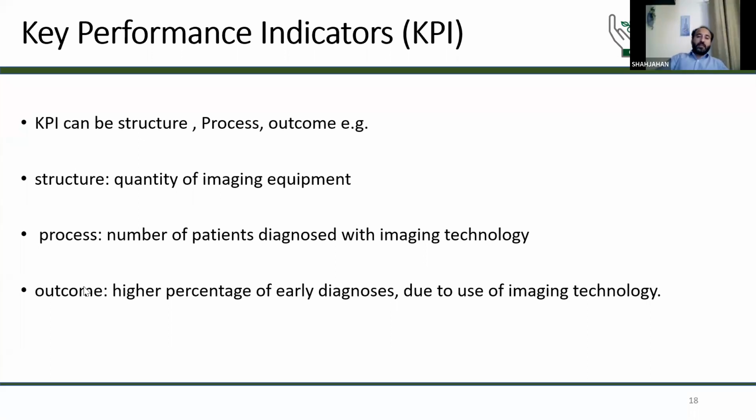Okay, I was discussing the key performance indicators, why we are doing the performance indicators, because we want to know whether our data is going on the correct path or not. So for example, I give you the example of the structure indicator. Structure indicator means whether any equipment or any service is available or not available, like medication available, this is the structure.